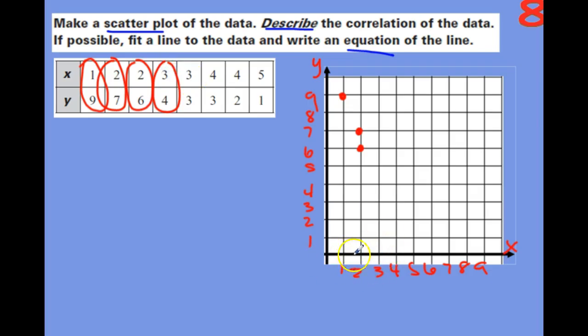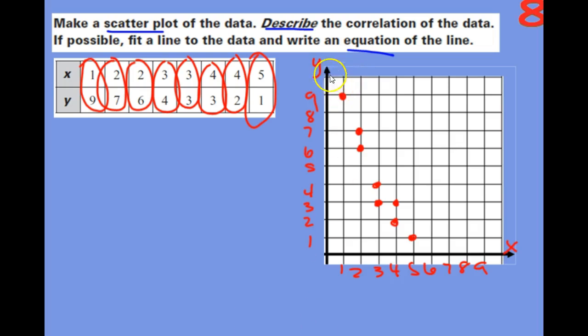Then 3, 4. 3, 3, so 3 to the right, up 3. 4 to the right, up 3. 4 to the right, up 2. And you should have plotted these already, tried it on your own first. And then 5 to the right, up 1. So there's our scatter plot.